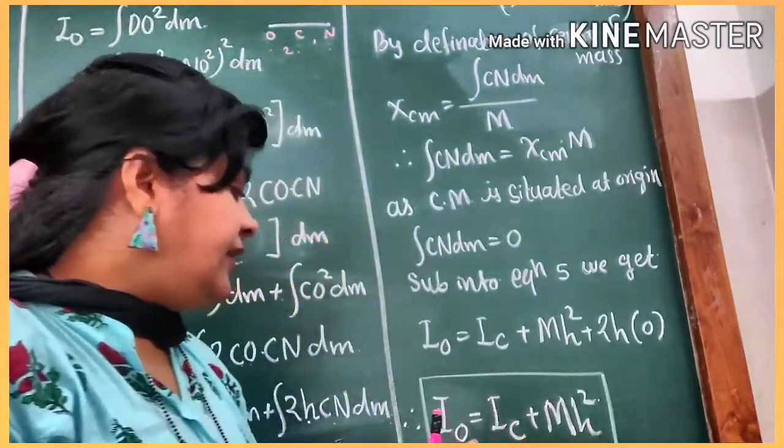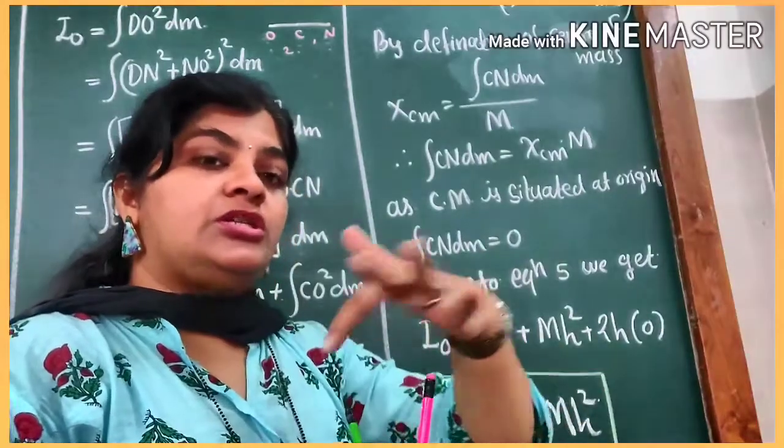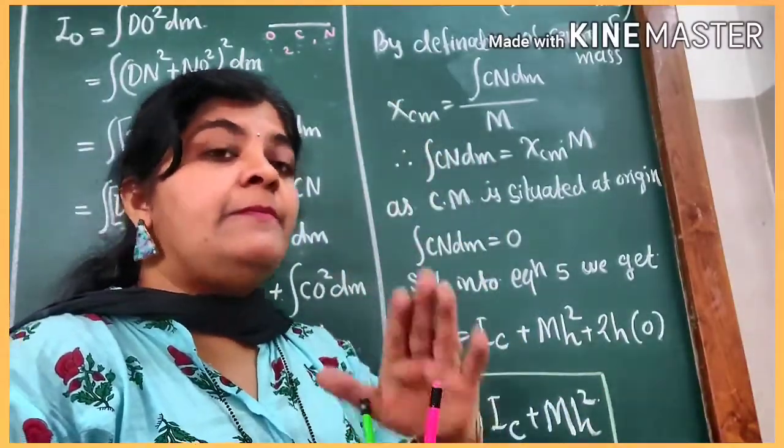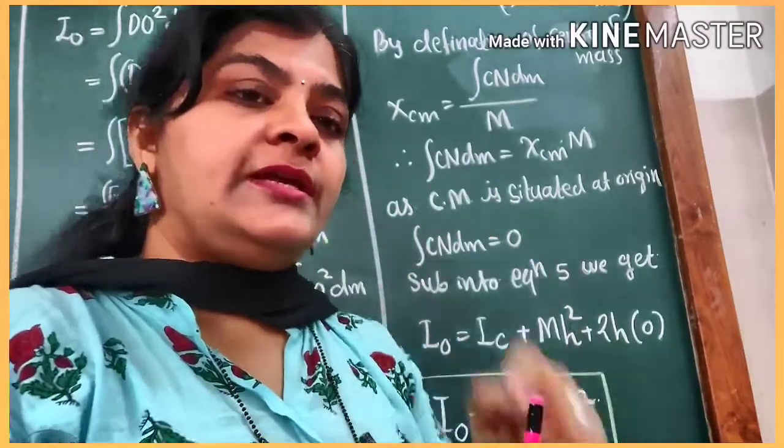Then we can directly get the moment of inertia of an object about any position, and that axis must be parallel to the axis passing through the center of mass.